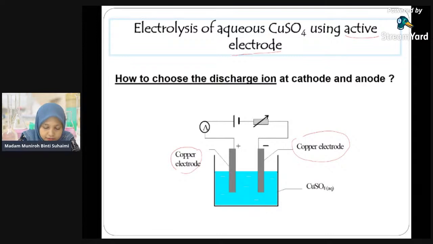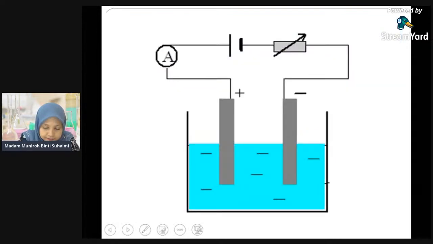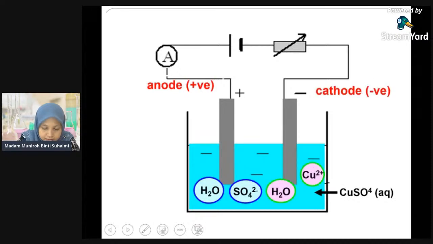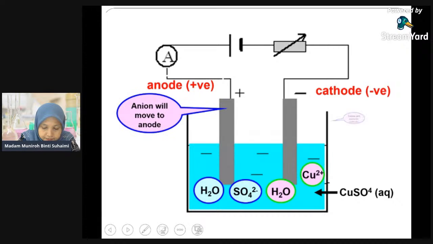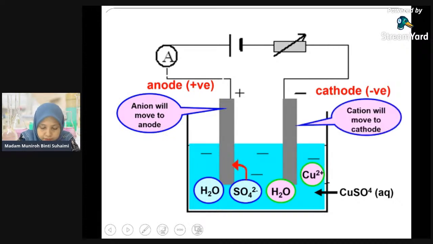Copper is an active electrode. What happened in this electrolysis?